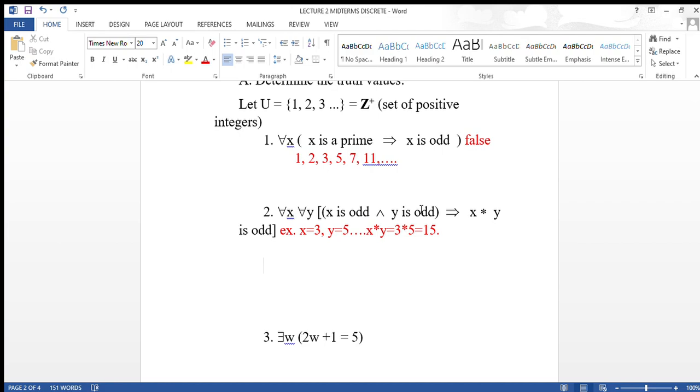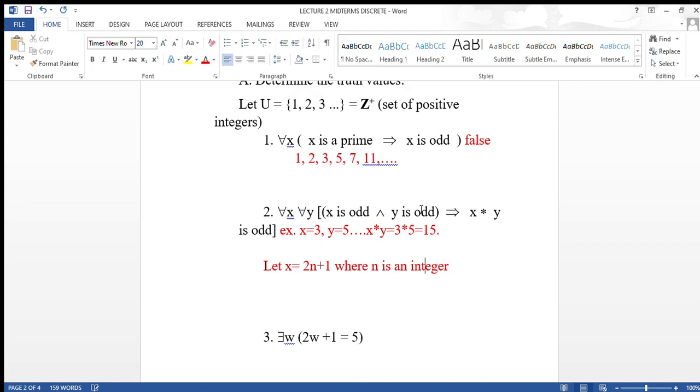When we want to represent x to be an odd number, we can let x be equal to 2 times n, where n is an integer, and then we add 1, where n is an integer.